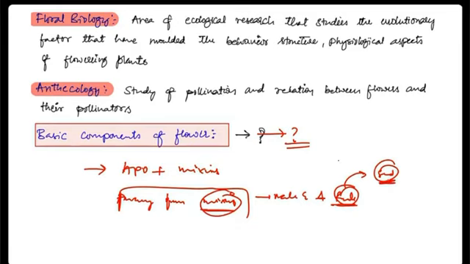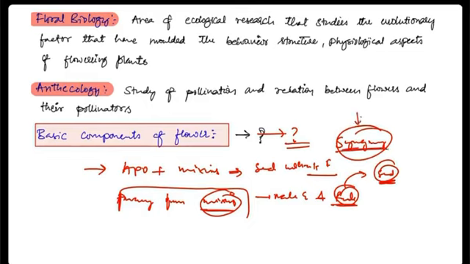This is what apomixis means. Or the authentic definition is formation of the seed without fertilization. Or more clearly, without syngamy. Apomixis is a process where the seed is formed without syngamy.